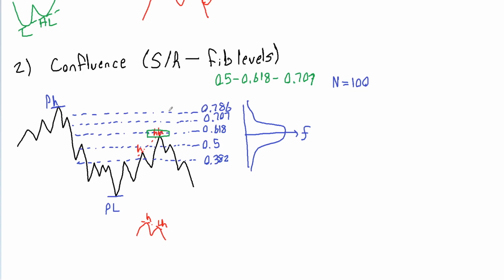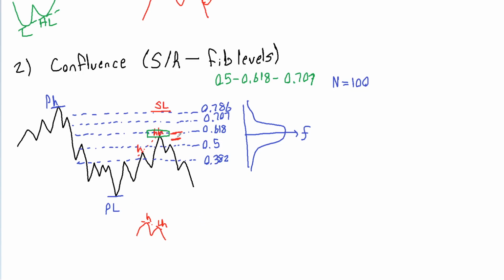So what I typically do is I set my stop loss above the 786 up here. So my stop loss would be right up above the 786. And so if I'm lucky enough to get an entry either at the 618 or maybe between the 0.5 and 618, then I would have a decent risk to reward if I was going to be targeting this pivot low, or even a breach of these pivot lows and a continuation of the trend.